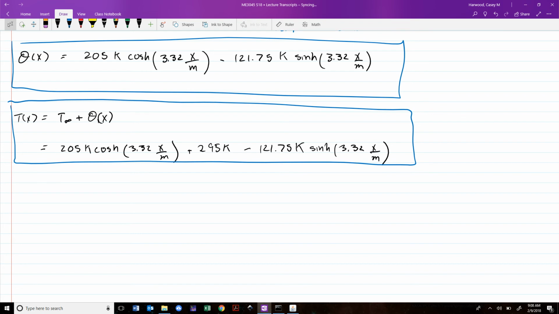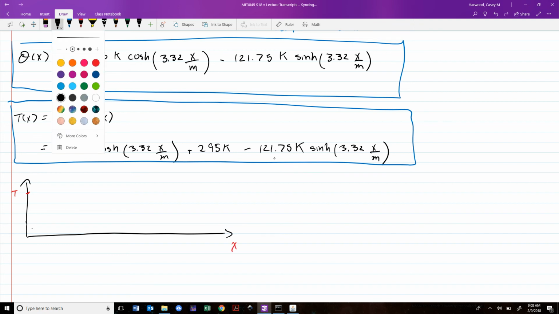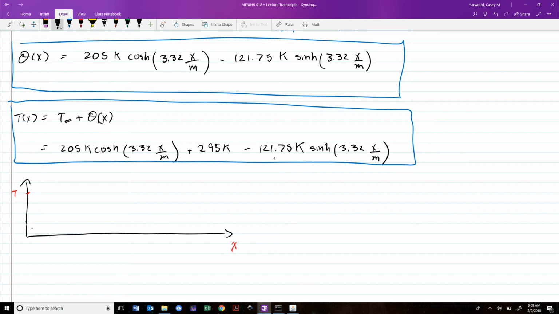We'll probably end up wrapping up the last couple of quick things next time, but I want to quickly show you what this looks like. If this is x, here's our temperature, we're going to put T b out here, and T tip.